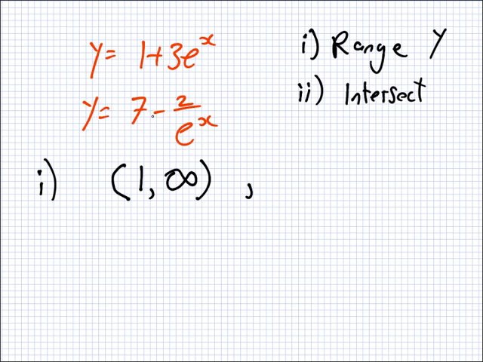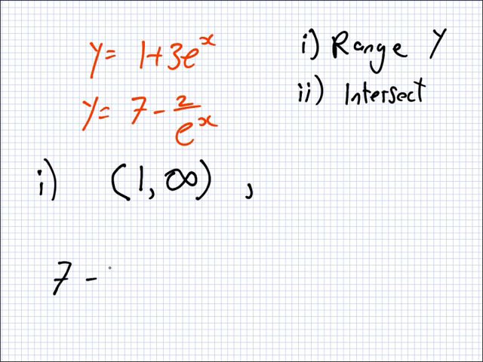Now, this second one is a little bit trickier. Again, what is the smallest value I can get? I think I could get minus infinity, because look what you can do here.